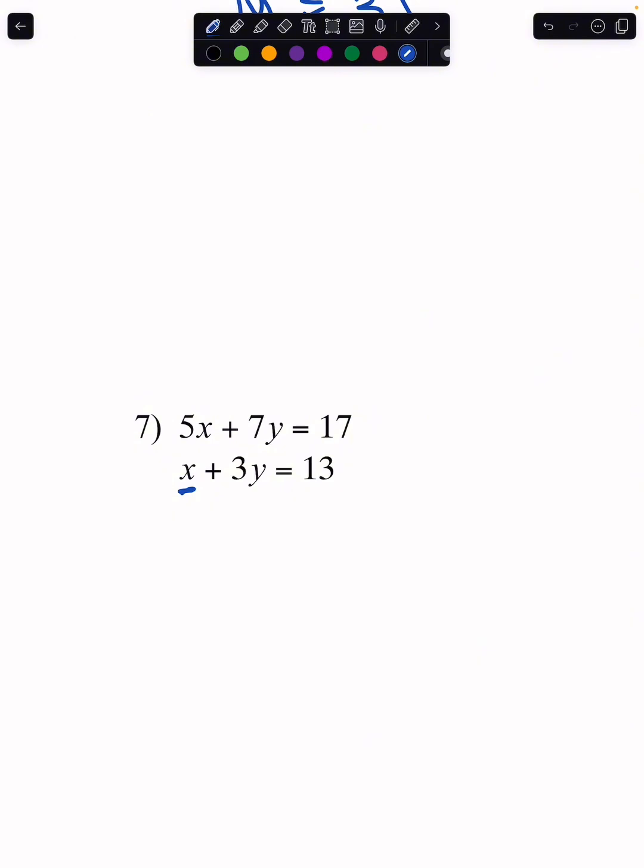And you want to pick the variable that has the coefficient of 1. So x plus 3y equals 13. I'm going to subtract 3y from both sides. X equals negative 3y plus 13.